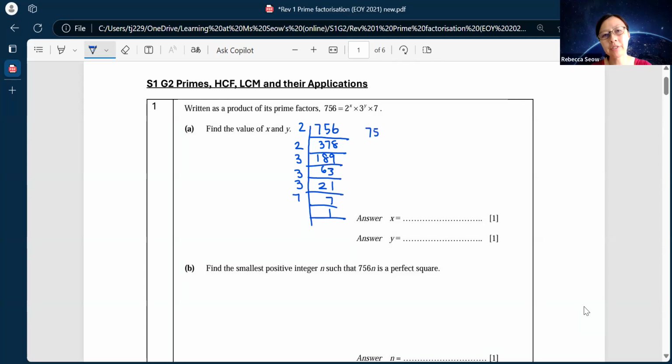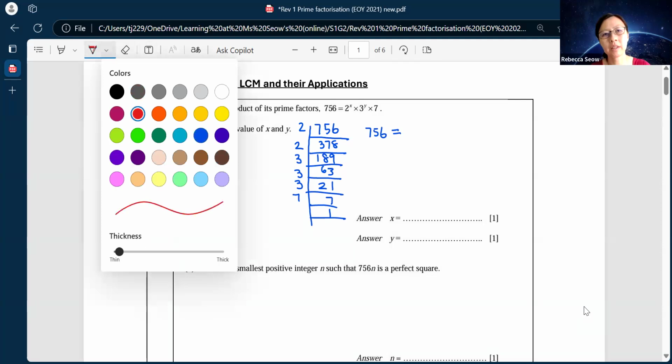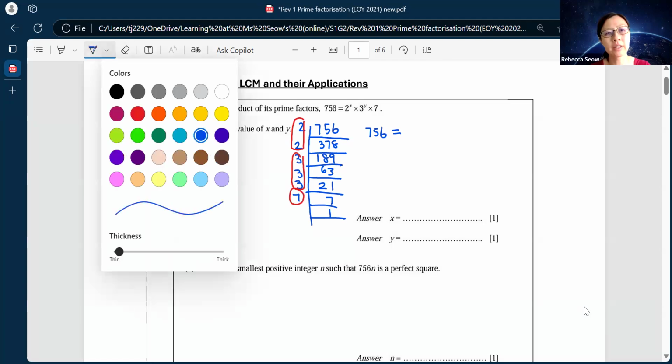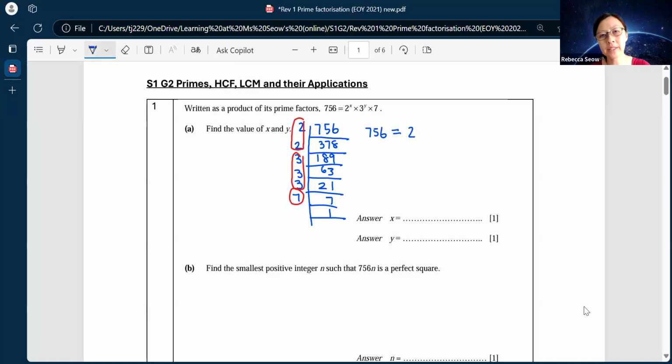So 756 can be broken down into 2 times 2, 3 times 3 times 3, and 1 time of 7. Putting everything in context, 756 is equals to 2 squared multiplied by 3 cubed multiplied by 7. Now, before we write down the answer, it is always good for us to do a check.